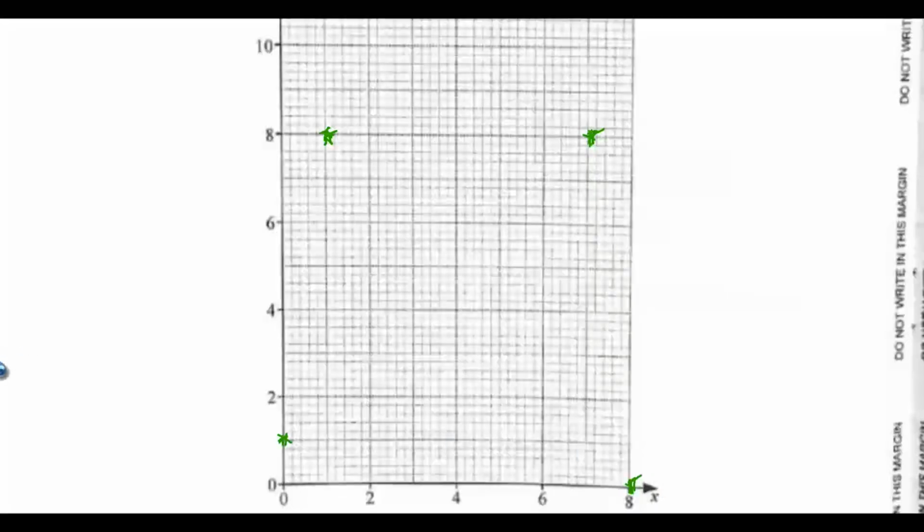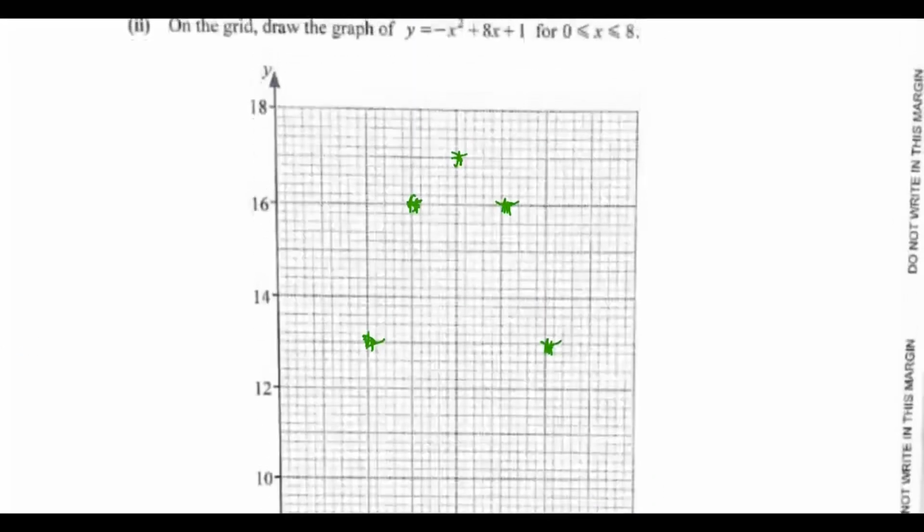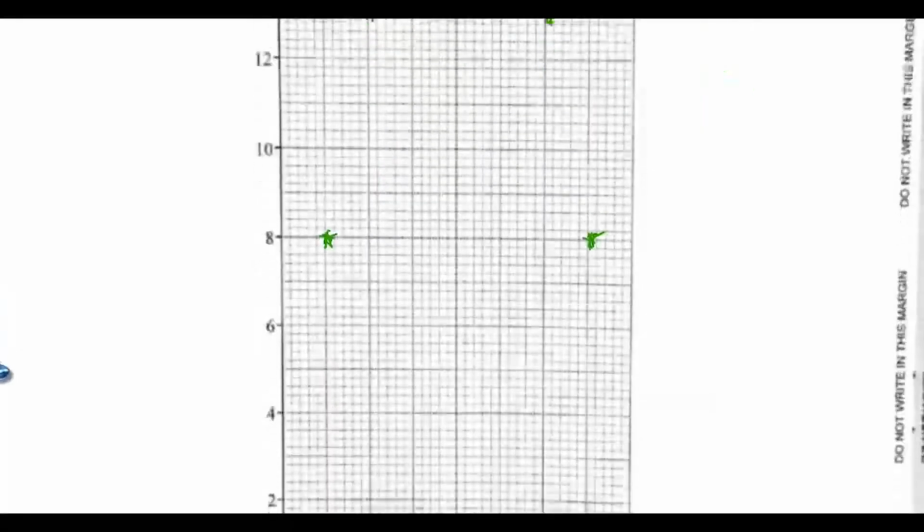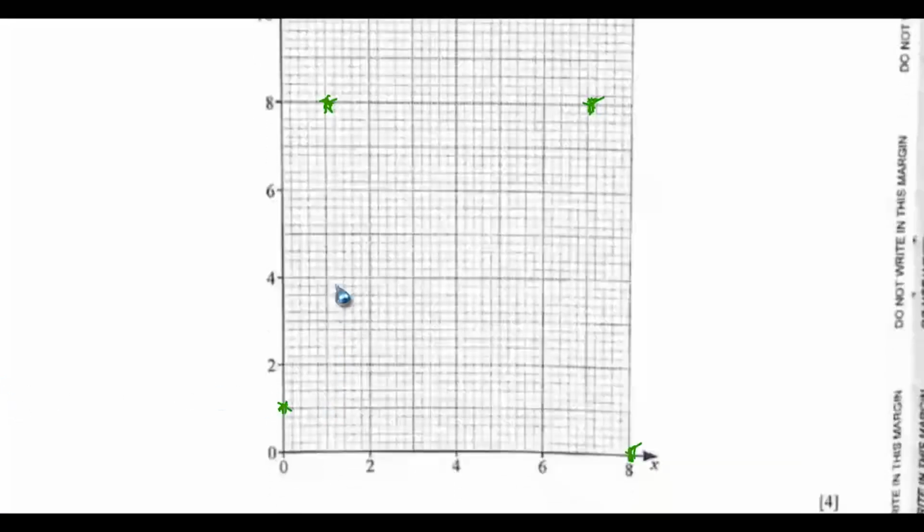If you look at the parabola, that is the curve, of course it should be like this because of the negative sign, the coefficient of x squared, that is negative 1. The vertex will be here at x equals 4, y equals 17, as said earlier. So you can take your French curve and join these points together.